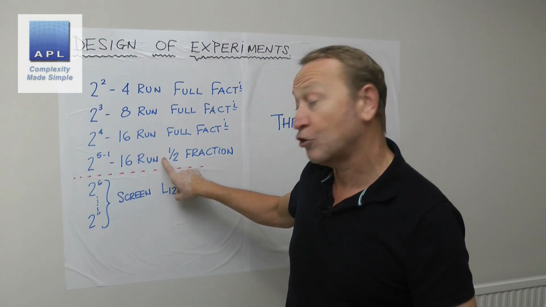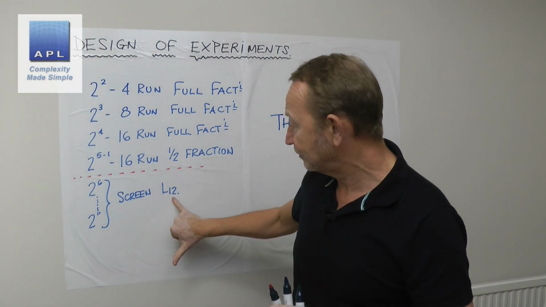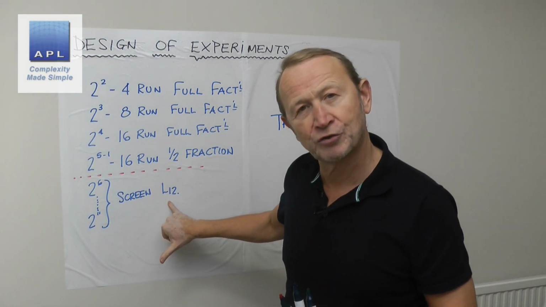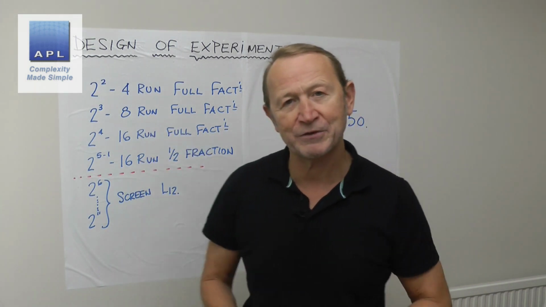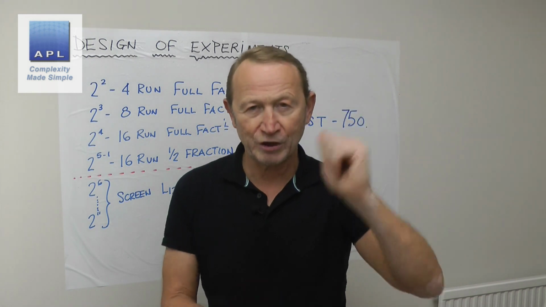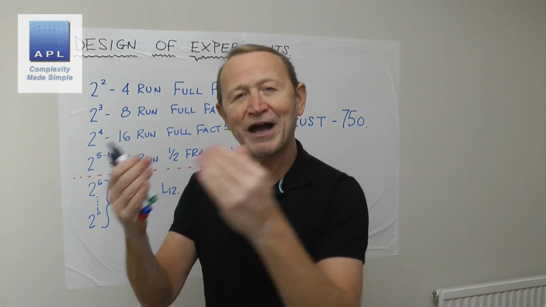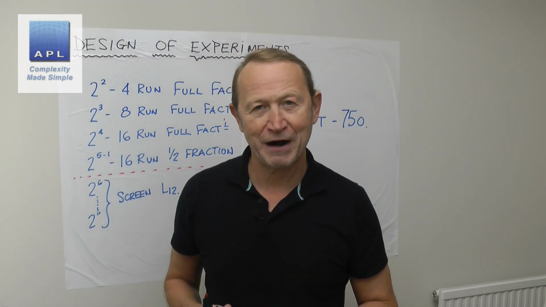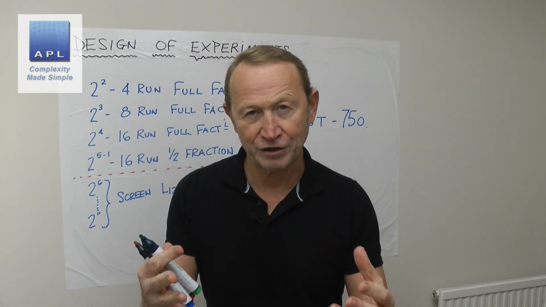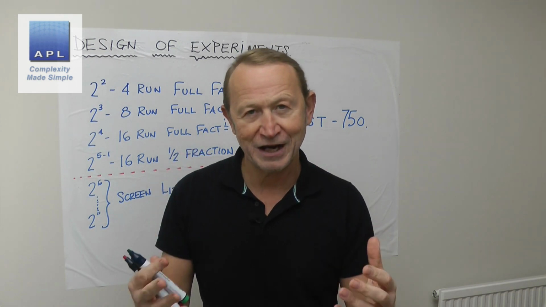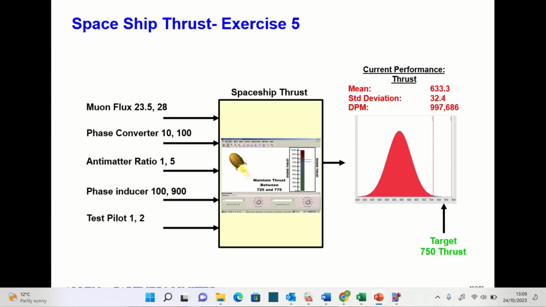What we've been doing in the last couple of exercises is doing the marginal means down here and then doing the modeling with a second experiment. Because this is a smaller experiment, we can do everything from the one experiment. So let's go to the computer, introduce the thrust problem, and then take a look at the analysis.